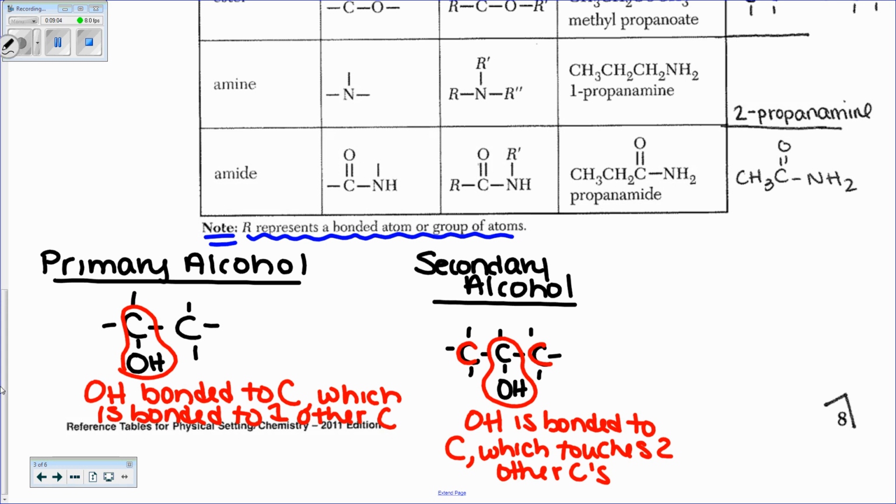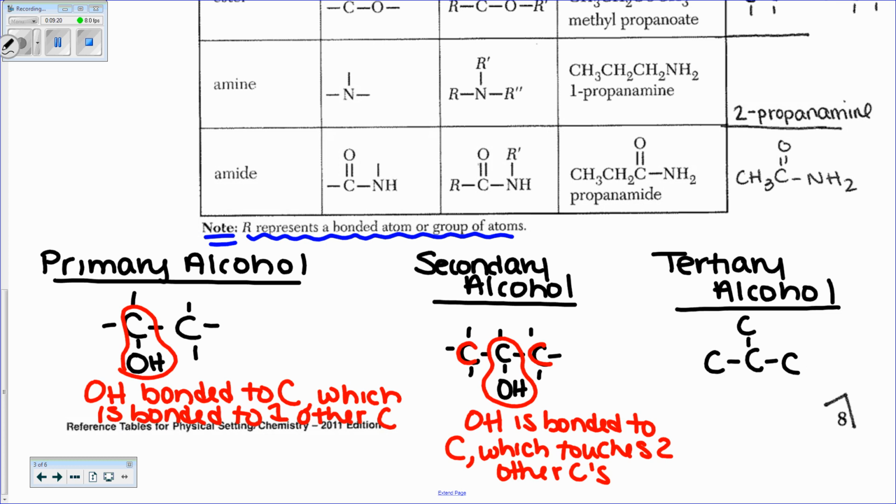And the last type of alcohol would be a tertiary alcohol. They usually say these look like a T when you see them. So maybe something like this, and they could be even bigger. If I look, this OH is attached to that C, but that C is touching 1, 2, 3 other C's.